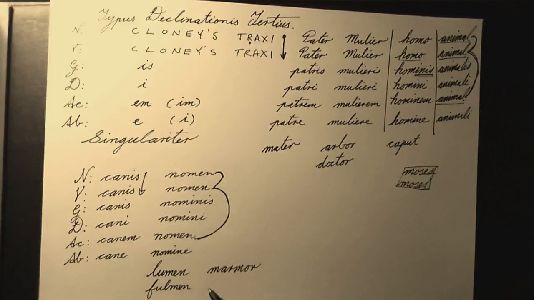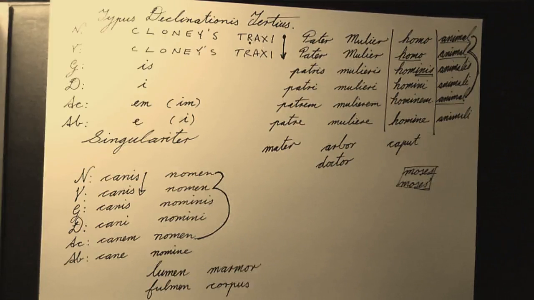And corpus, a body. So these, corpus, these are neuter. So fulmen, fulmen, fulminis, fulmini, fulmen, fulmine. Corpus, corpus, corporis, corpori, corpus, corpore. So corpus is declined like nomen.